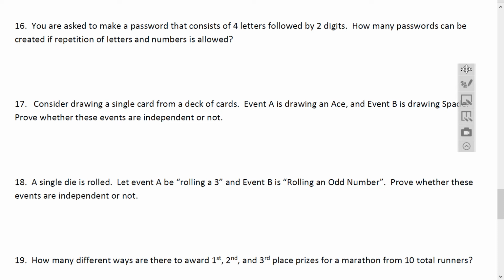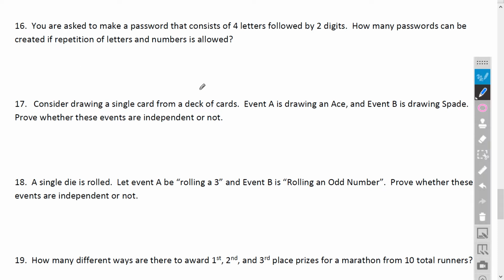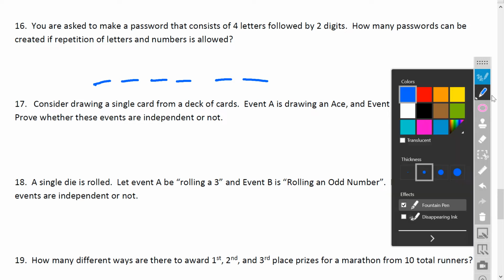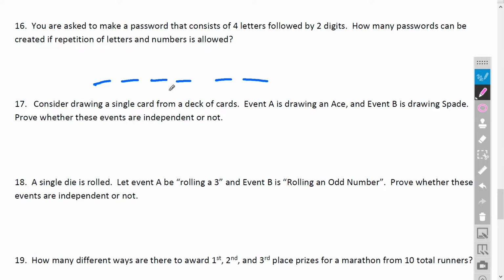You're asked to make a password that consists of 4 letters and 2 digits. How many passwords can be created if repetition of letters and numbers is allowed? So 4 letters, 2 digits, and then we just need to see how many different options we have for each letter and digit. So 26 options for each of the letters, since we are allowed to repeat the letters.